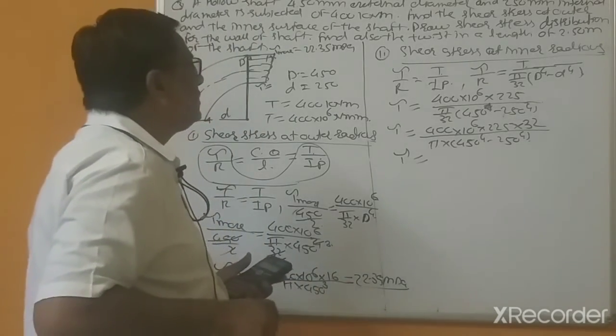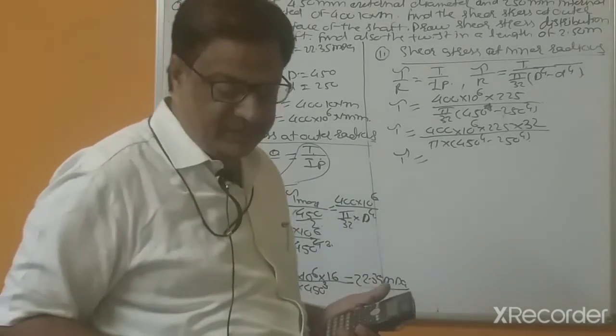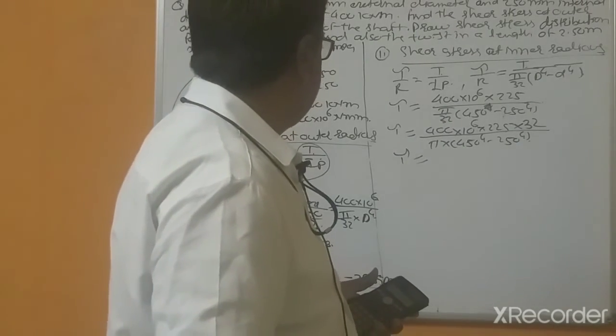So this is 24 point, means I am making some mistake.